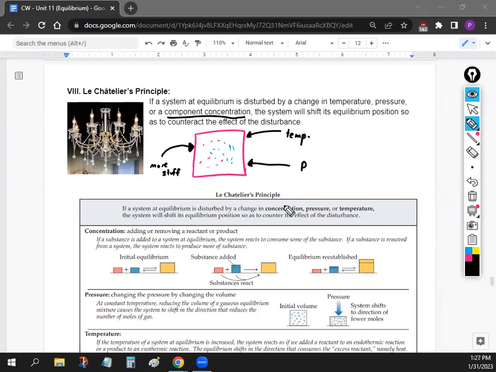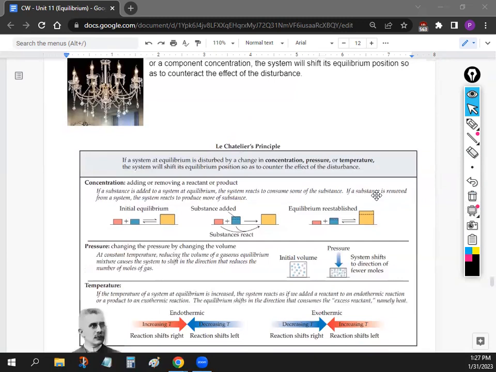Yeah, so depending on what happens, the system is basically disturbed, right? It's at equilibrium, it's happy, and then it is disturbed. Okay, and basically what Le Chandelier's principle tells us is that if it is disturbed by a change, so I have it written right here if you guys want to take a look at it.